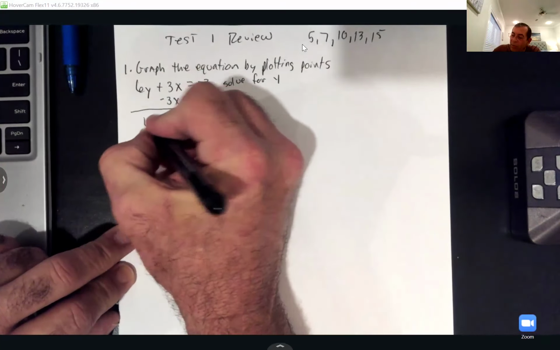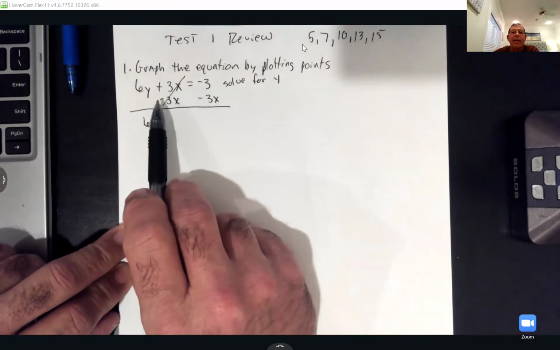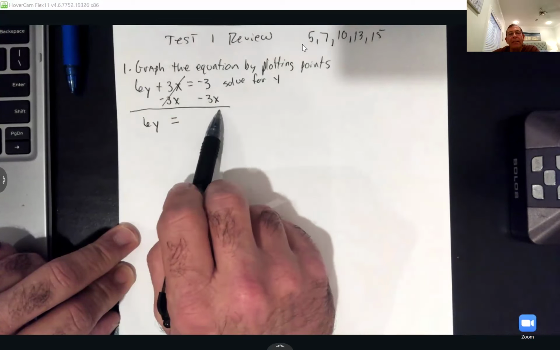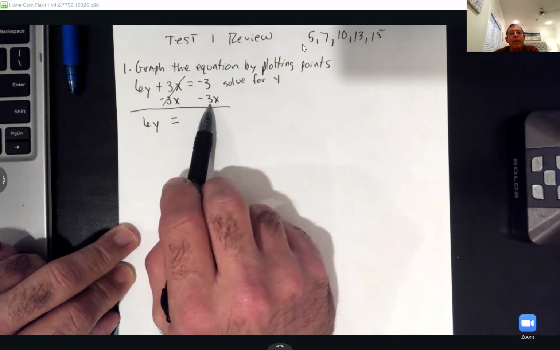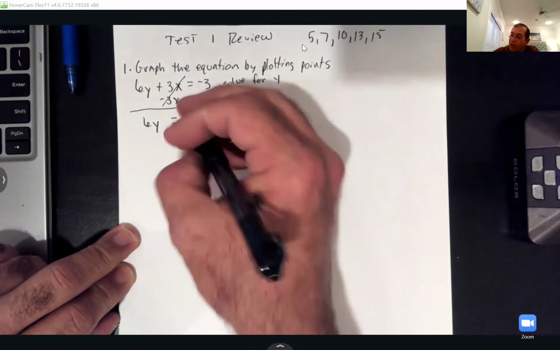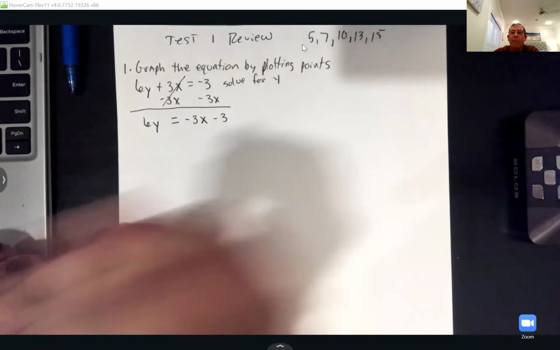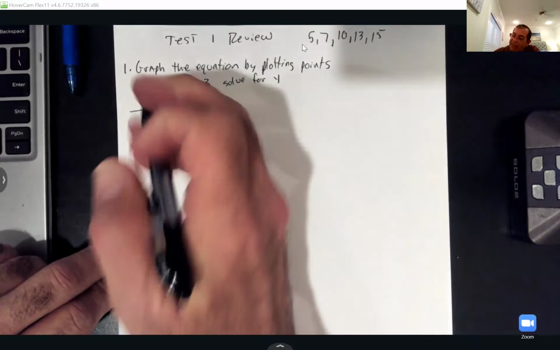So that 6y will come down. 3x, -3x cancel on the left side. Now I'm just going to put the x's first since these are not like terms. So I'm going to make this a -3x minus 3. Then at that point, divide everybody by 6.